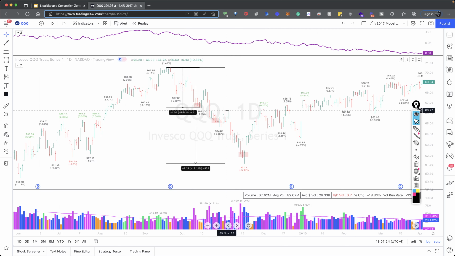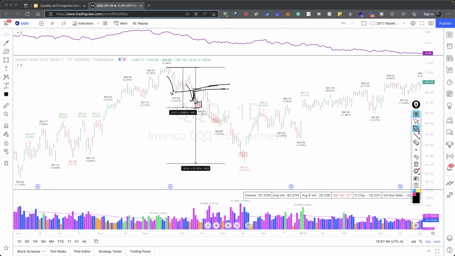So the best liquidity zones are in corrections. So price came down and price came down. We built a congestion zone. At this point, we ran into liquidity because this is where the prior buyers got stuck on this particular day.